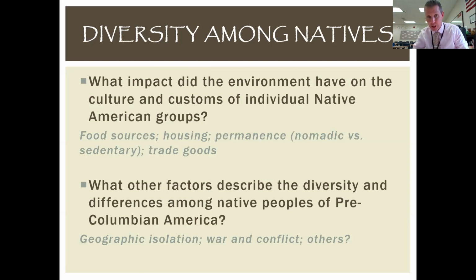Instead of merging, conflict suggests that you're going to try to maintain yours. Now, one could argue that conflict and war could also result in the merging of culture and cultural diffusion, and that's probably true as well. Maybe there's something else that you thought of that helps describe why the natives of early America stay diverse or are able to be a diverse people.